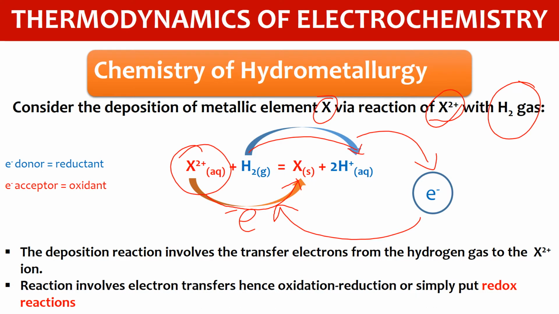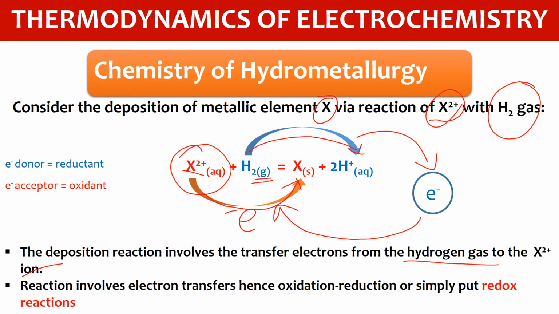So we can see that the electron donor, which is your H2 gas here, is the reductant, and the electron acceptor, in this case the metal ions, is the oxidant. So the deposition here involves the transfer of electrons from the hydrogen gas to the metal ion.